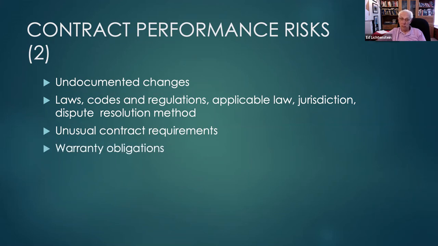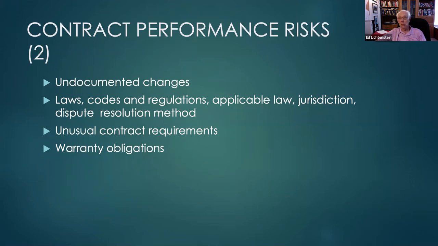Warranty obligations. Whether it's written in the contract or not, the law will have warranty obligations. You can sometimes supersede those with written terms. And the warranty obligations include, what do you have to do, or what does your contractor have to do in order to repair something that's defective?